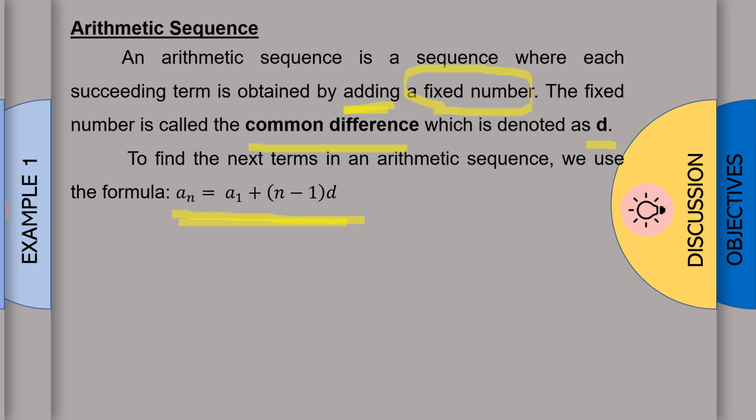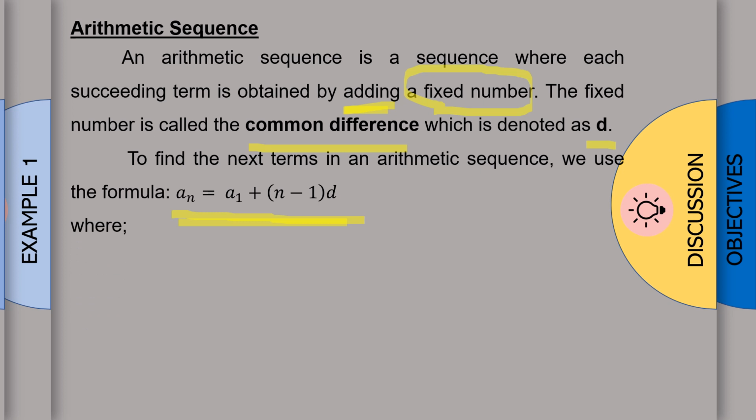This is a sub n is equal to a sub 1 plus the quantity n minus 1 times d. Again, a sub n is equal to a sub 1 plus the quantity n minus 1 times d. So, ito yung ating gagamitin na formula sa pagsosolve ng problems in arithmetic sequence. Ito yung magiging general formula natin under arithmetic sequence.